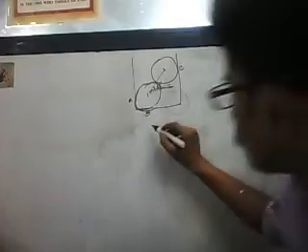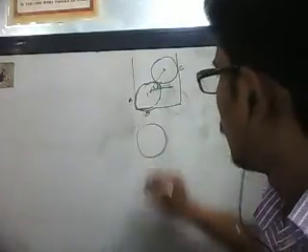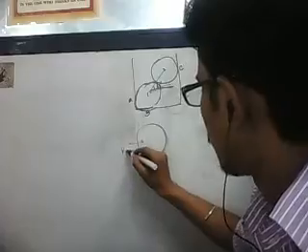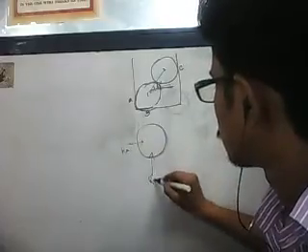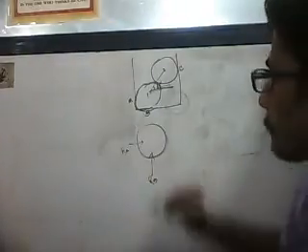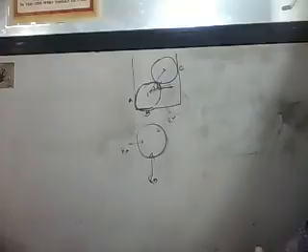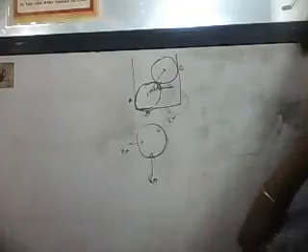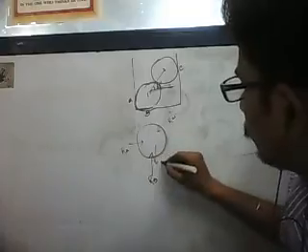So the FBD of ball 1 will be like this: RA, RB, R21, and W1.